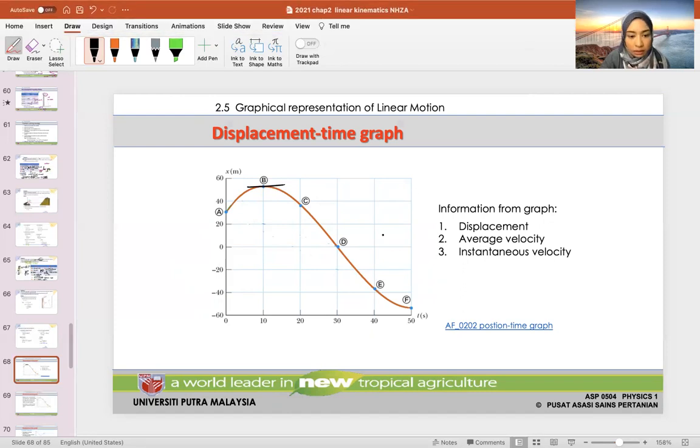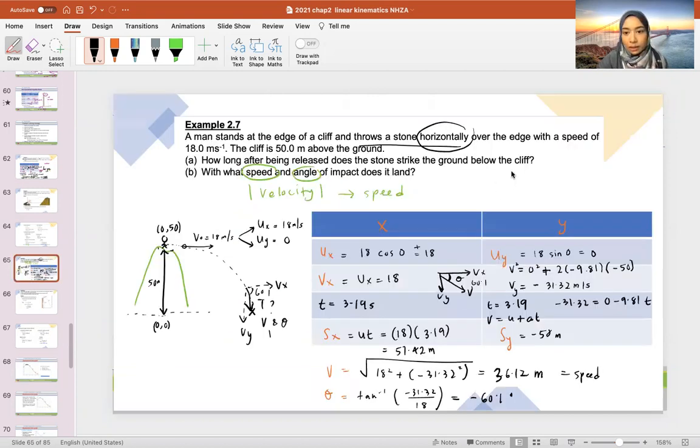Sekejap, I have a question here. Doktor, kenapa yang VY kita guna negative 50? Kalau guna negative 50 kita dapat jawapan positif untuk VY. Okay, Aizat is asking a question. Kita tak pakai VY as minus 50, kita pakai SY untuk S minus 50. Aizat boleh unmute and ask me your question directly?